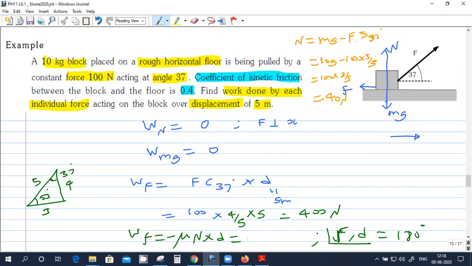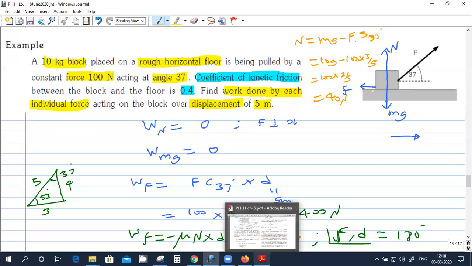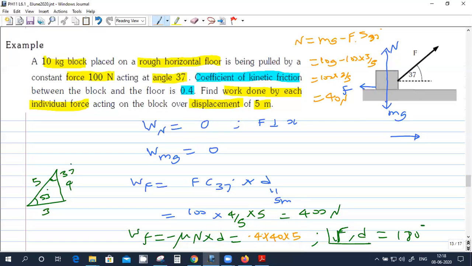So mu is 0.4 into 40 into 5. So 16 into 5, which is equal to 80.